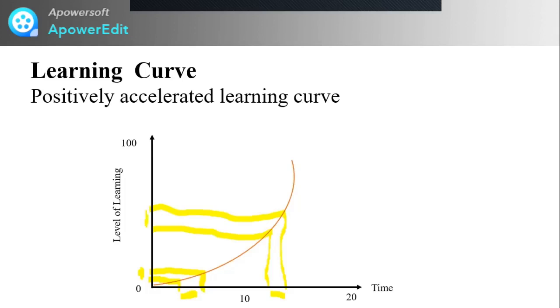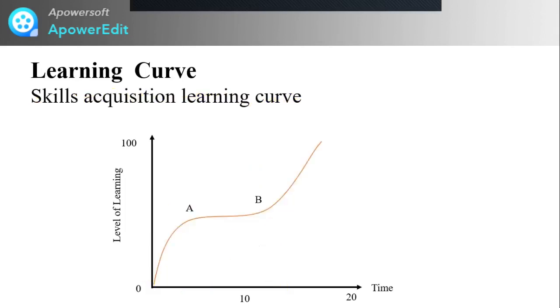At the beginning your learning speed is low, but at the end your speed is high. That is the positively accelerated learning curve.